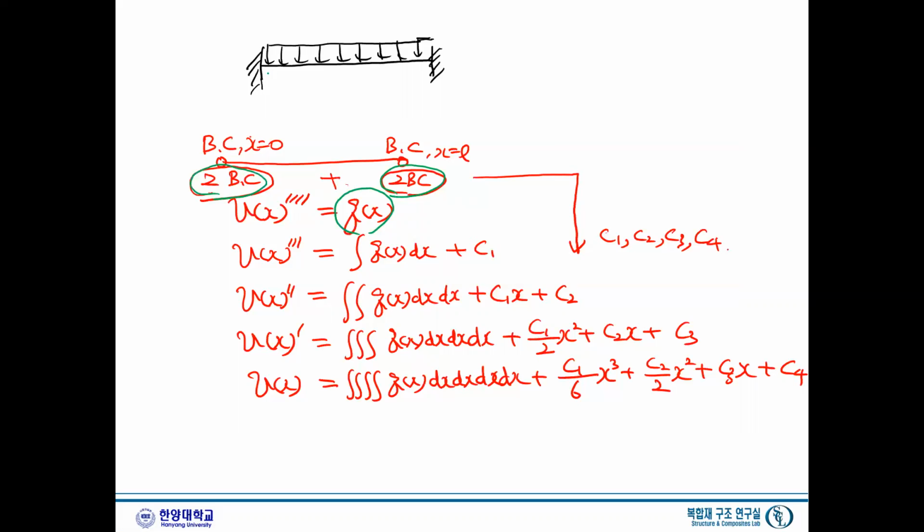We don't know. Of course, we have to solve the differential equation, but we can estimate the deflection curve like that. So it's important to be able to predict this kind of deflection.